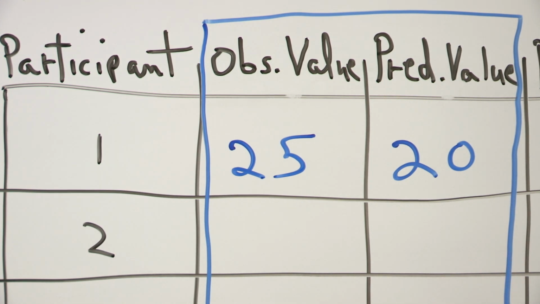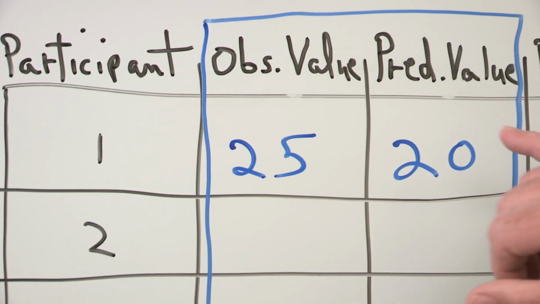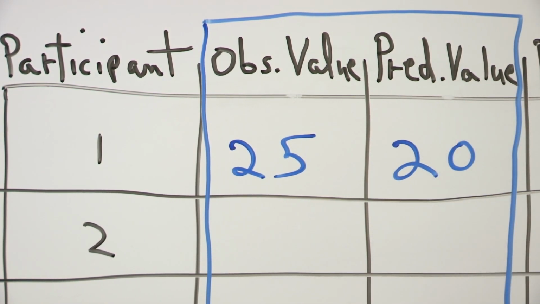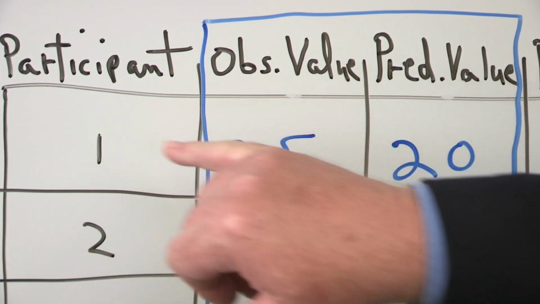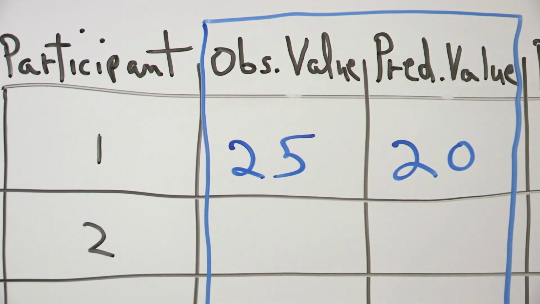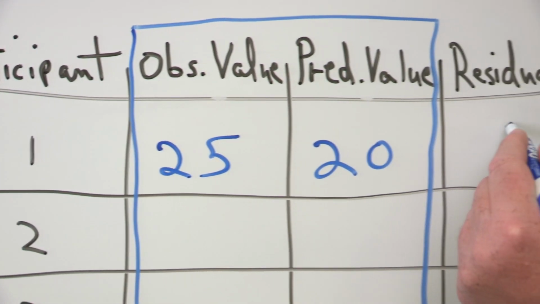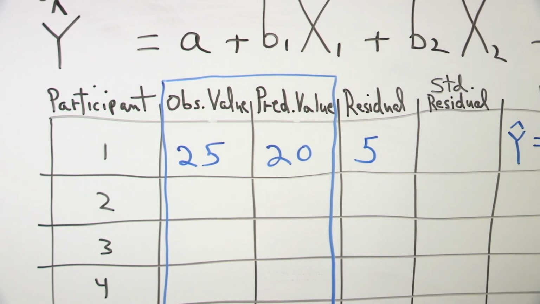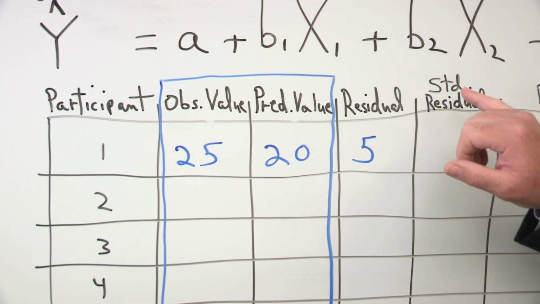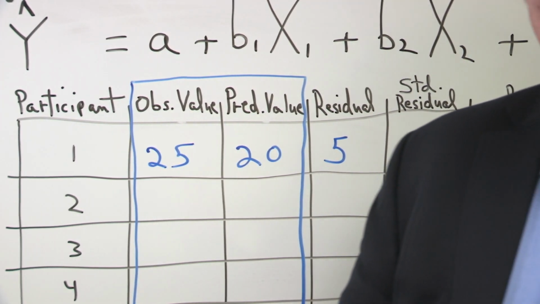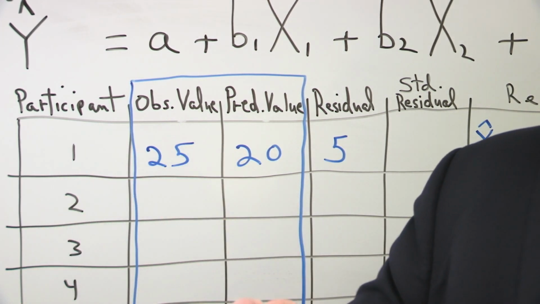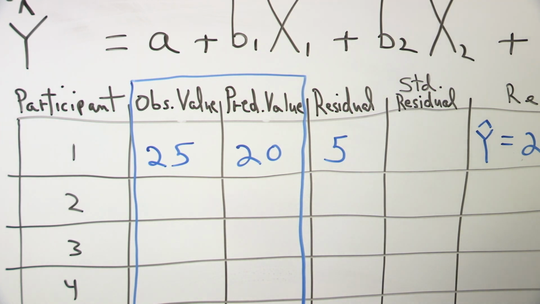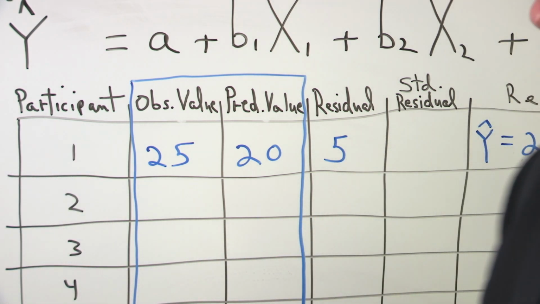Well, then the question you need to ask yourself is, how far is that predicted value from the model from participant 1's actual observed value on the outcome variable measure? Well, it's 5 units away. So the residual is 5. And then let's say the standardized residual, and that involves a formula, et cetera. We're not going to be getting into any of that. I'm just going to give you a standardized residual to illustrate a larger point here.